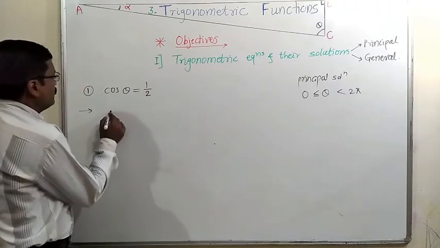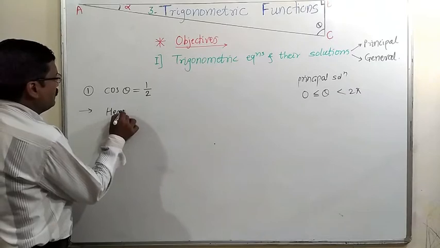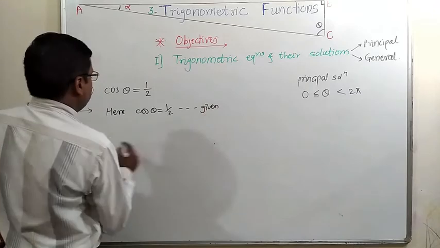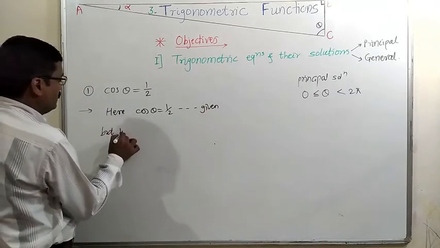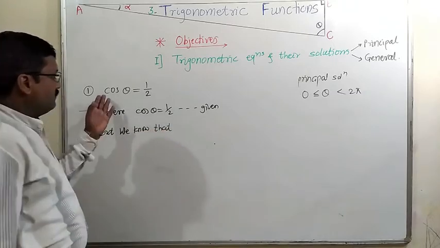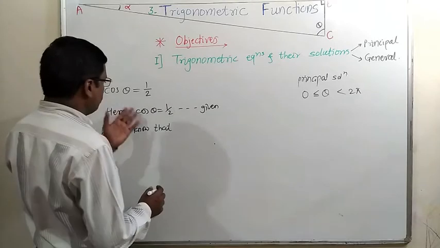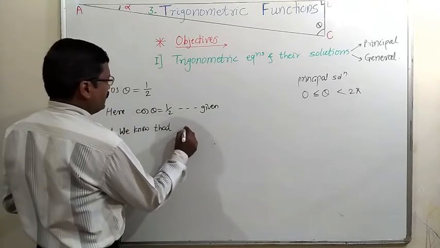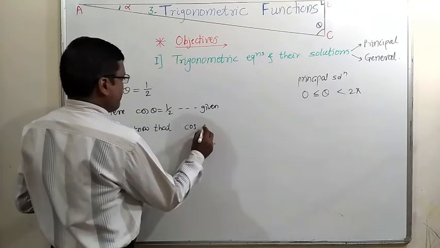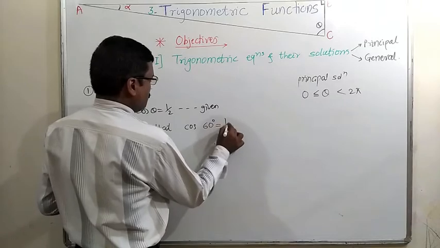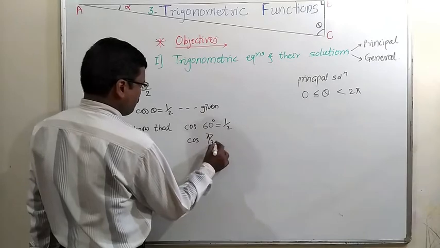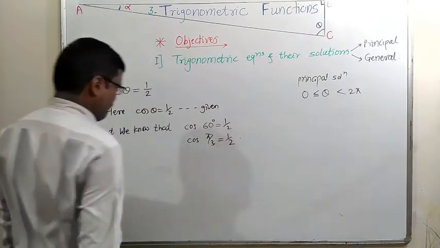For that, here cos theta equals half, it is given, but we know that by observation we can easily tell one principal solution of this trigonometric equation. We know that cos of 60 degrees is equal to half. Cos 60 means cos of pi by 3 is equal to half.